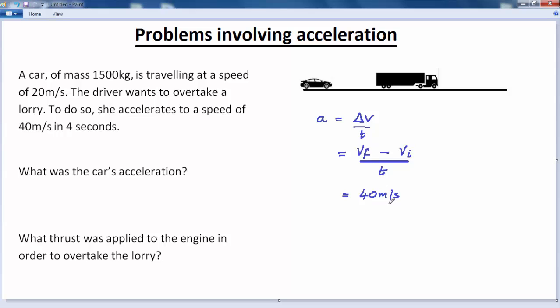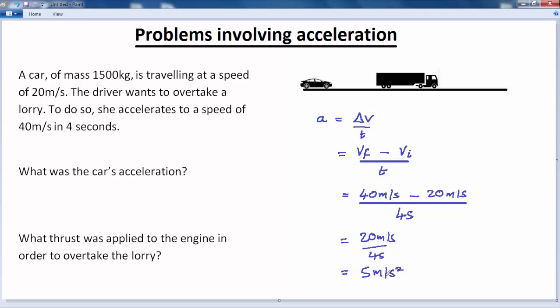So its initial velocity is 20 meters per second, divided by the time taken to change velocity, which is 4 seconds. That equals 20 meters per second over 4 seconds, which is equal to 5 meters per second squared.